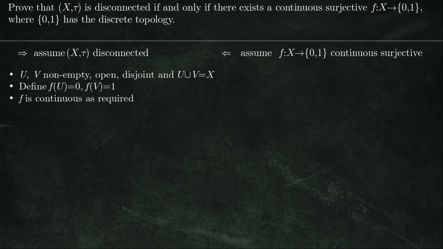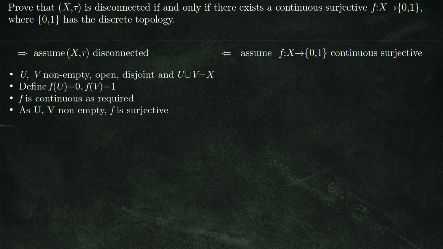We still need to check it's surjective. And it is because U and V are both non-empty. Therefore, any element in U will go to 0, any element in V will go to 1. So it does cover the set {0,1}. Now, on your own, do the reverse direction and then come back to the video.